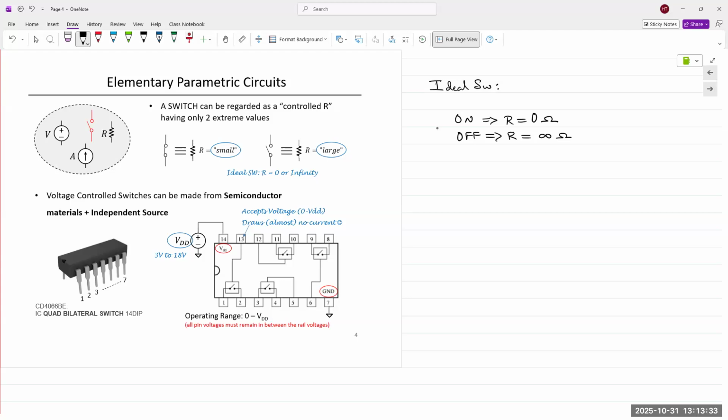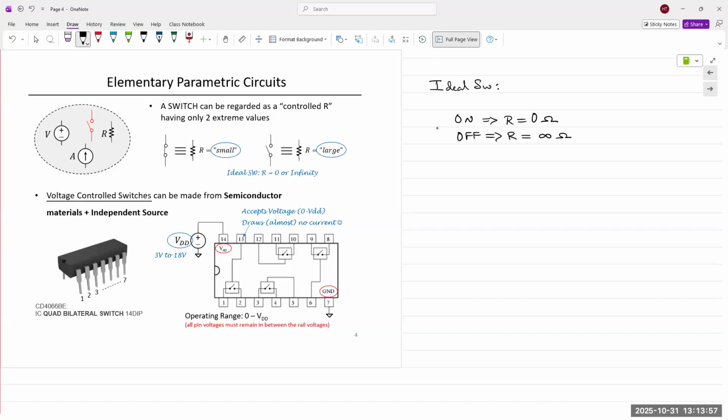So there are many semiconductor switches that you can create and use applied voltage as a controlling mechanism. Meaning we apply a certain input voltage to the switch, and the device behaves as a switch. Depending on the design of the system and the applied voltage, the switch can be either on or off.